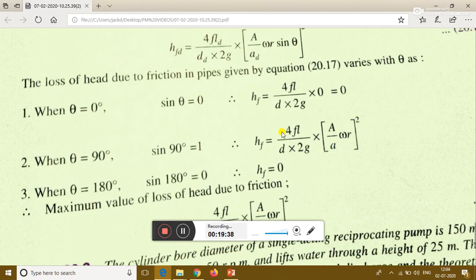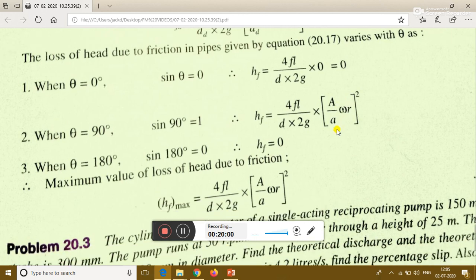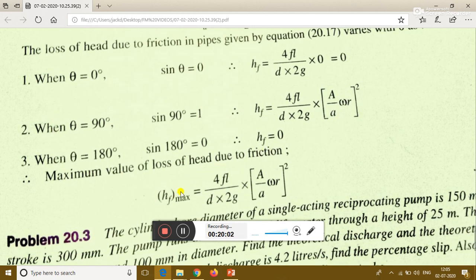So the least value of friction is when theta equal to 0, and also when theta equal to 180, you have no head loss due to friction. When theta equal to 90, sin 90 equal to 1 and this is maximum. So maximum head loss due to friction happens when theta is equal to 90 degrees, and the value is 4 f L by D into 2g into the square of A by a omega r. So these are the derivations.